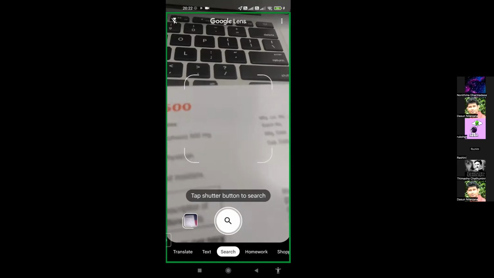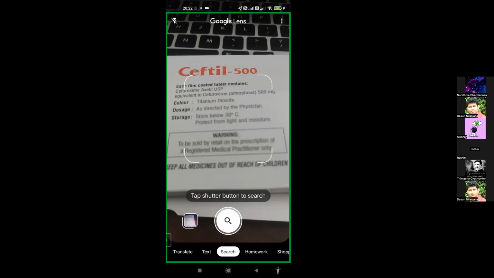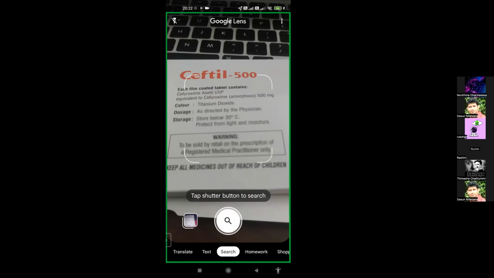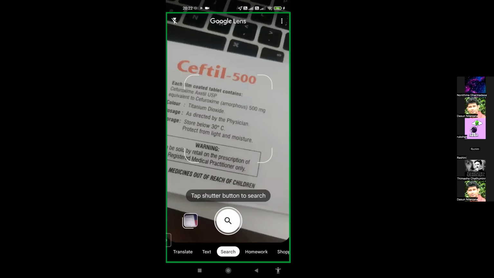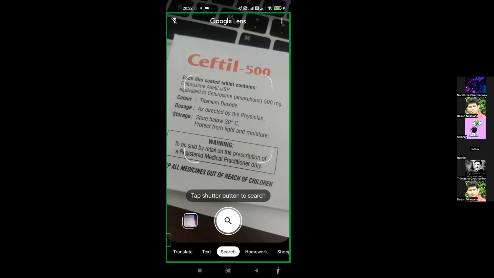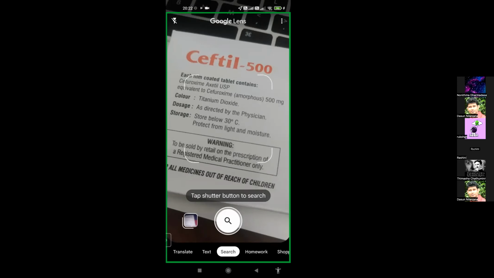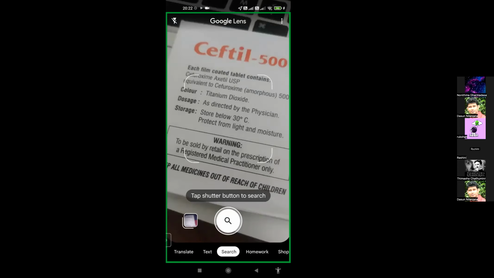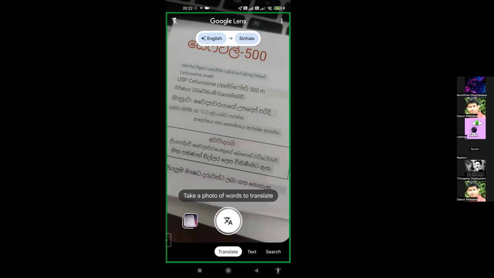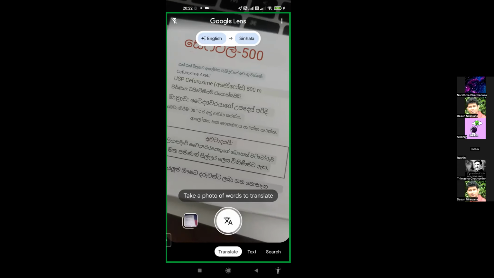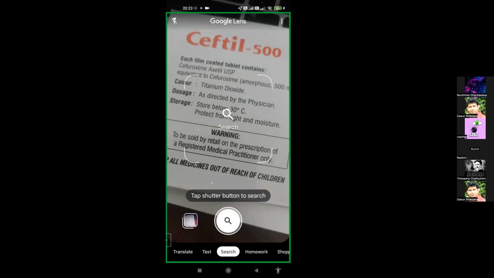Okay, so you can see some medicine-related or medical terms there. When I use translate in Google Lens, what has happened? This is what you can see in this box.